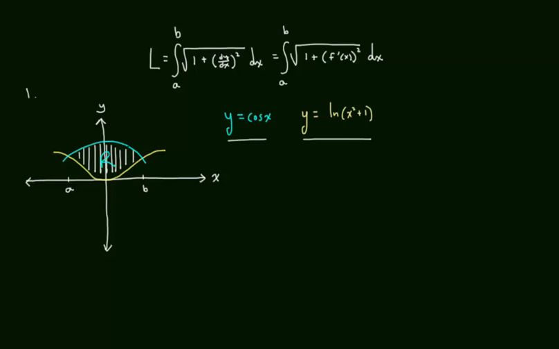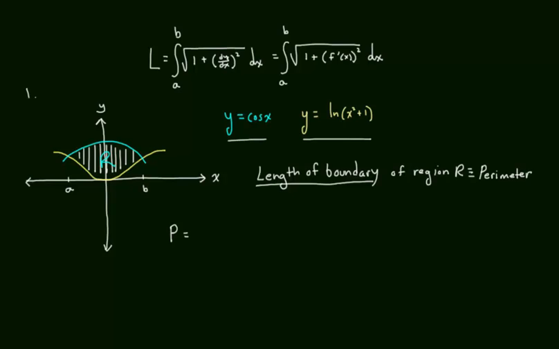Do not evaluate. Now when you hear length of boundary of region R, another word for that would be the perimeter of R. So we need to find the perimeter of region R. Perimeter is simply the sum of the lengths of the boundaries.